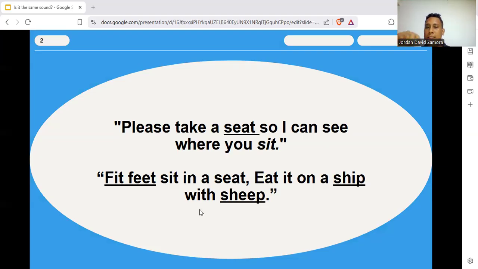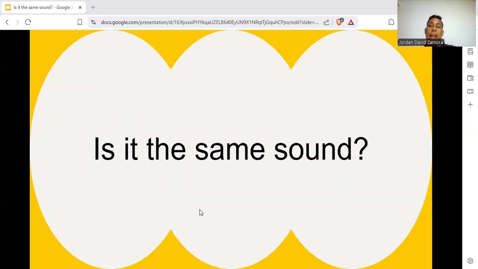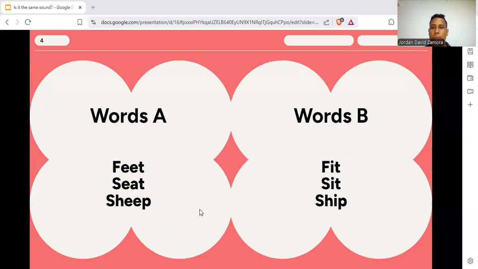Once I have done that, I'm going to ask the students if they find differences in pronunciation in the underlined words. I'm going to use a question like this to make them aware of the changes in the pronunciation of the sound.